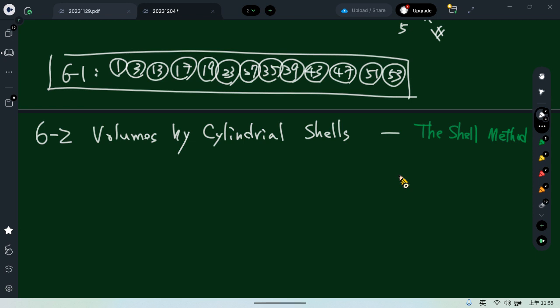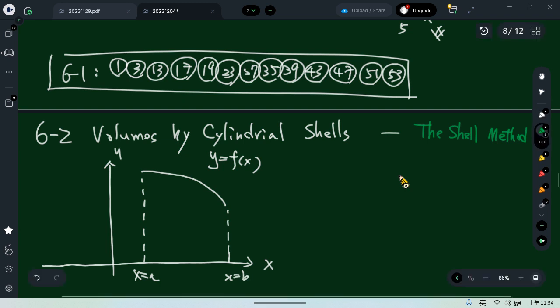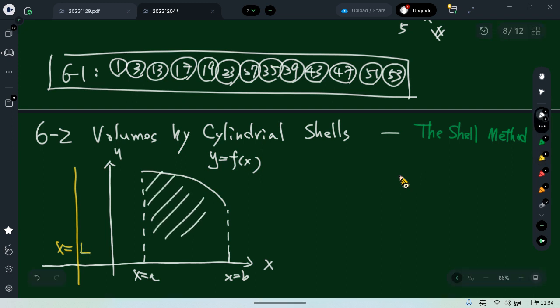The shell method is, if I give you y is equal to f of x, then I also have a start point x equal to a, x equal to b. Then the rotation will follow x is equal to L. So I plan to use this plane region to rotate.